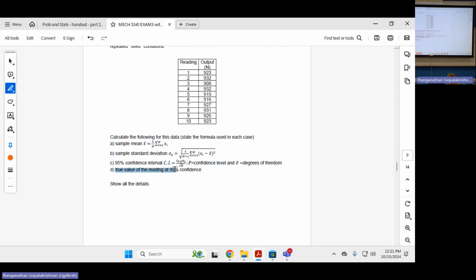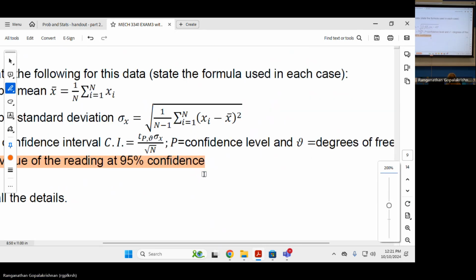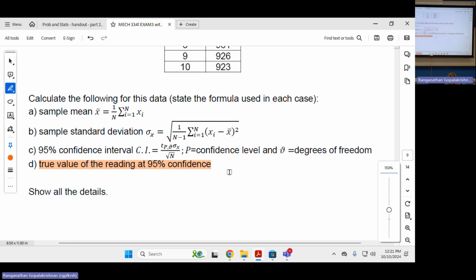The last question is the question that many students didn't answer clearly. How would you state the true value of the reading at 95% confidence? What is true value?